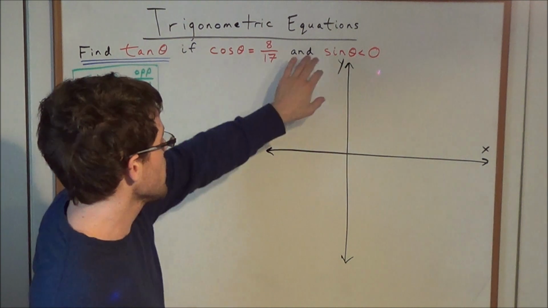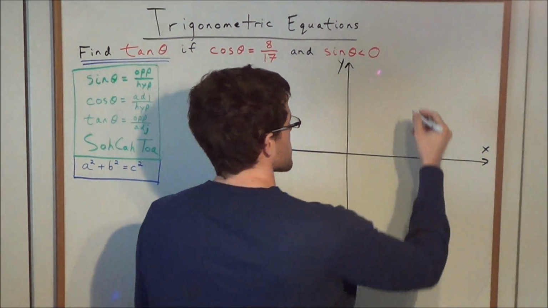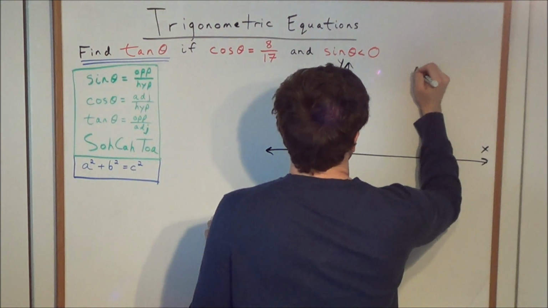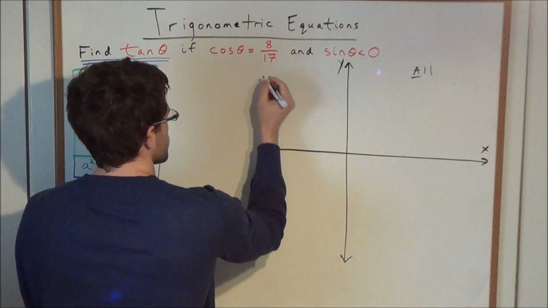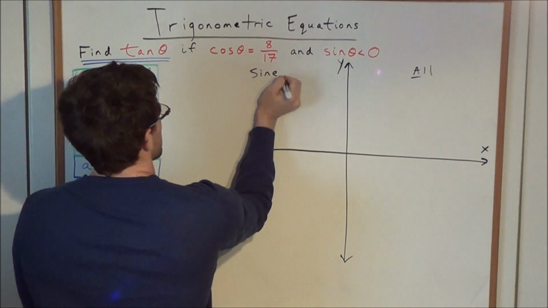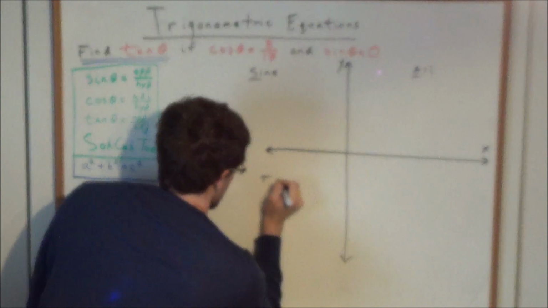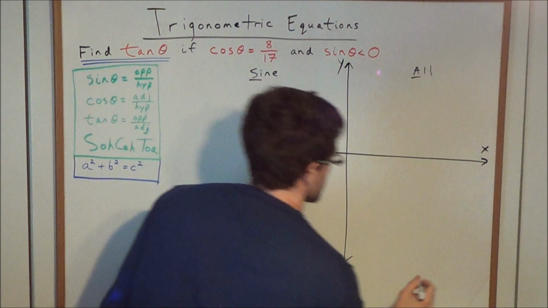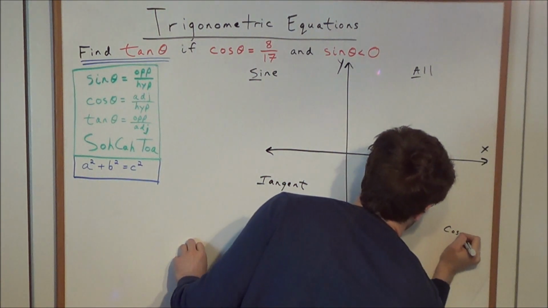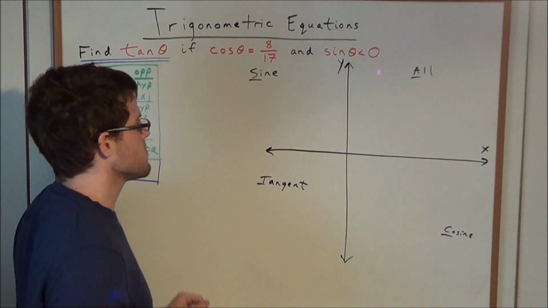Before we begin, another piece of useful information that we're going to need is the fact that all of the trigonometric functions are positive in the first quadrant. Sine is positive in the second quadrant. Tangent is positive in the third quadrant. And finally, cosine is positive in the fourth quadrant.